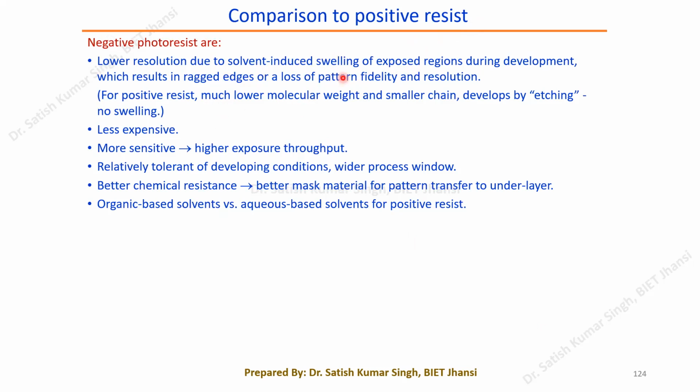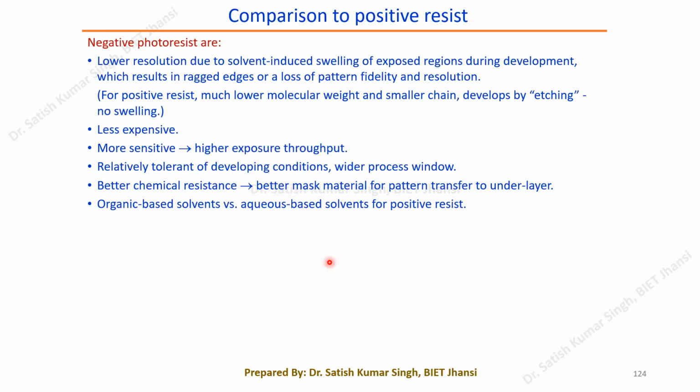Negative photoresists are less expensive and more sensitive than the positive photoresist. They are relatively tolerant of developing conditions, with a wider process window, and have better chemical resistance.